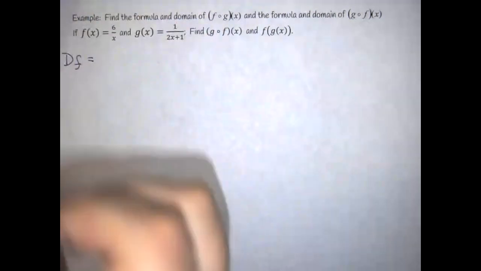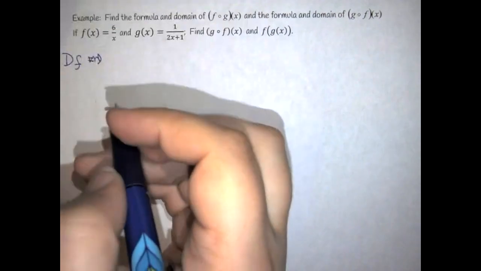So I need to know the domain for my f. Well, my domain for my f says that my denominator can't be 0, so x can't be 0, which means I am looking at the interval negative infinity to 0, union 0 to positive infinity.